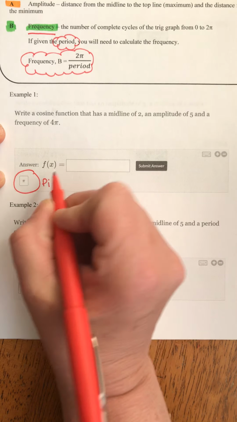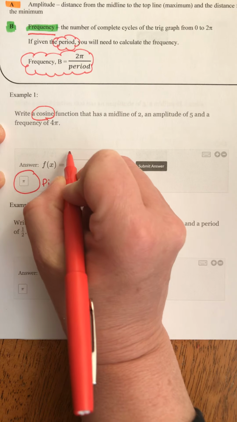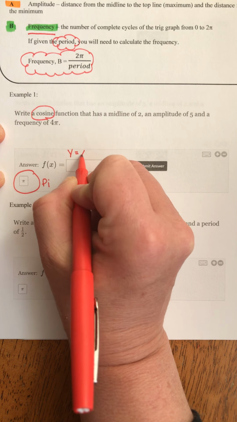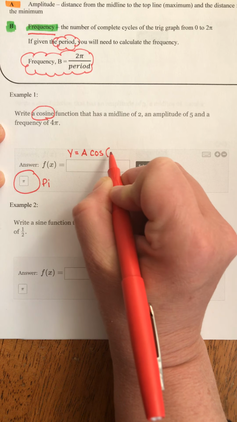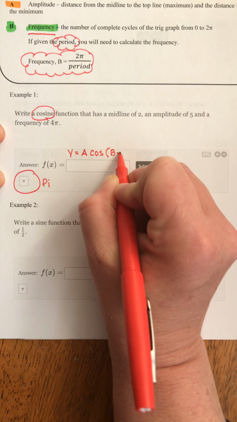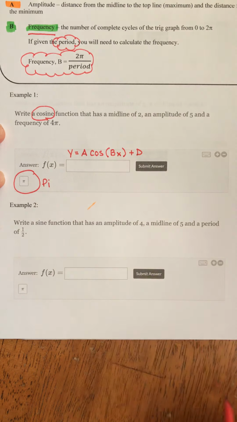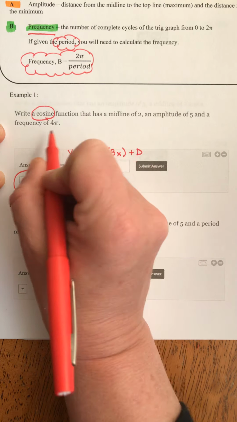It's right there. So either way, they're telling me it's a cosine function, right? So my function is going to look like this: y equals A times cosine, parentheses are important, parenthesis B times x, close your parentheses, plus D. So let's go find A, B, and D in this text.